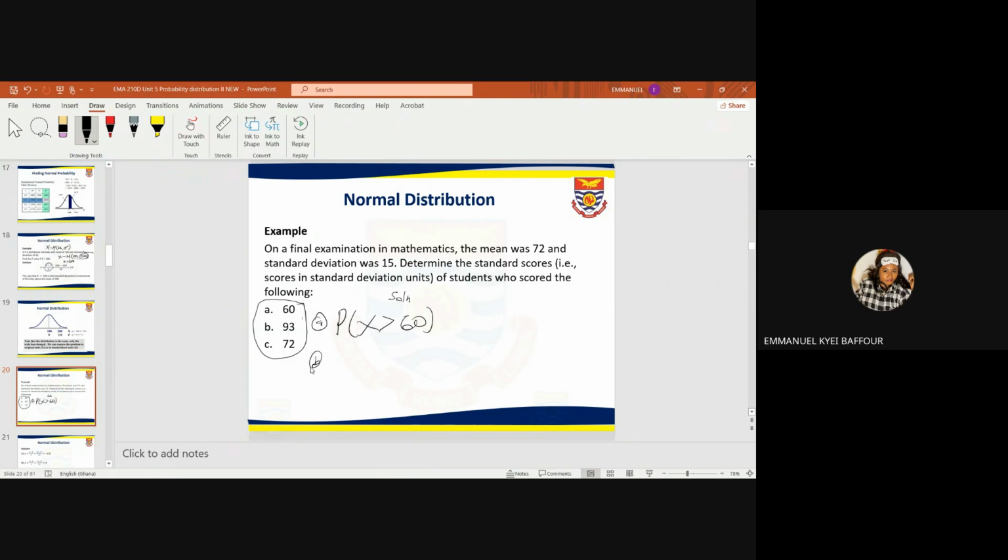And then B, the probability that x will be less than 93. So let's do that and see what we get. I think you have to have the table.